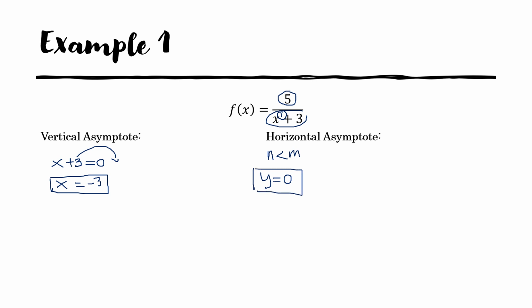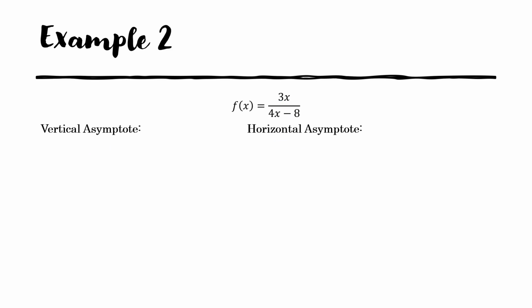That is our asymptote. Next, example number 2. We have here a rational function again, 3x over 4x minus 8. Let's determine the vertical asymptote. Consider the denominator, 4x minus 8. Equate that to 0.